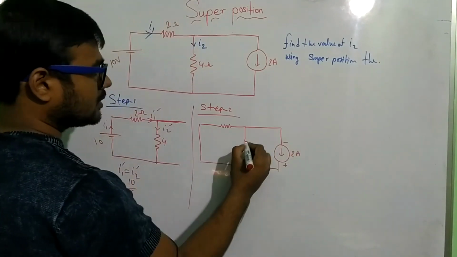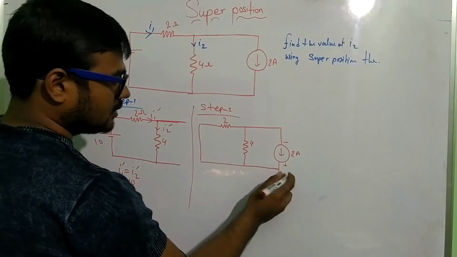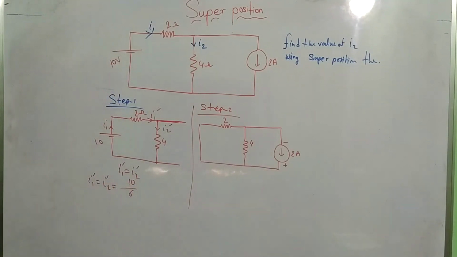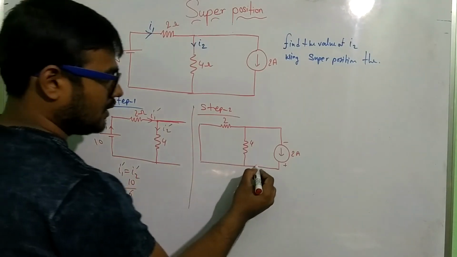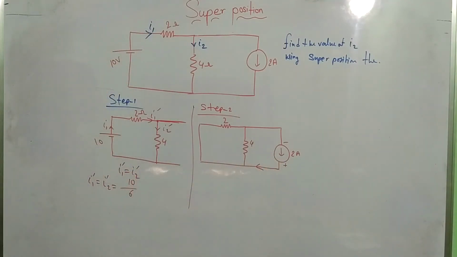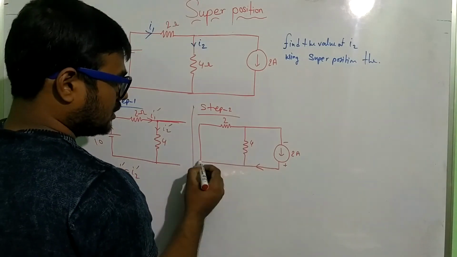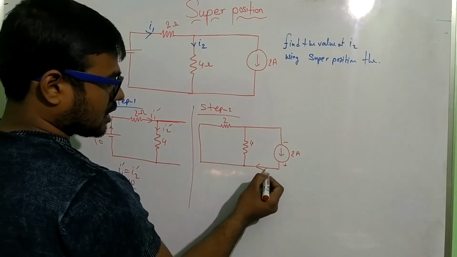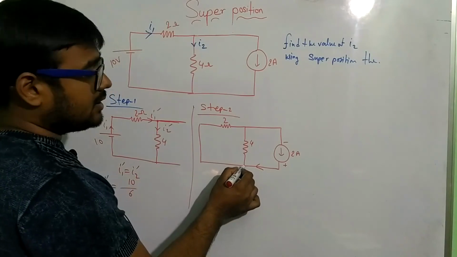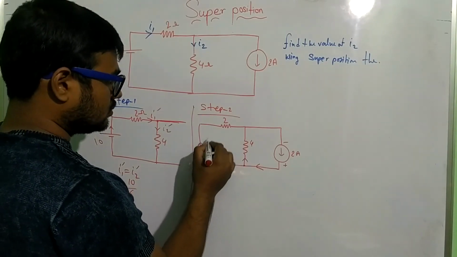Let it be 2 ampere, 4, 2. Okay. This is our current direction. So the current will come to this point and divide into two parts, 1 and 2.